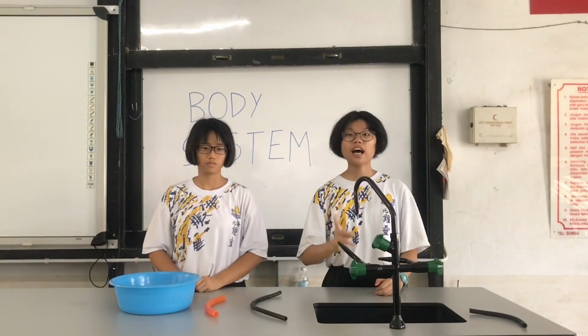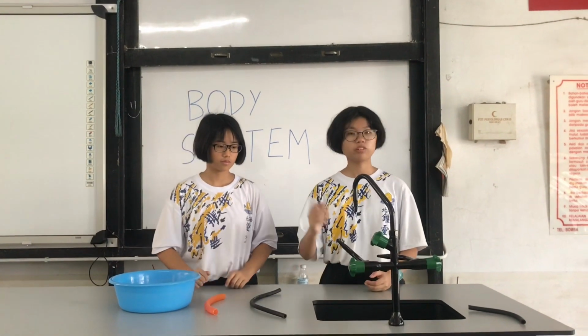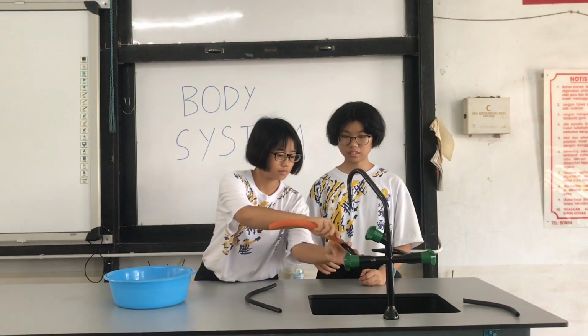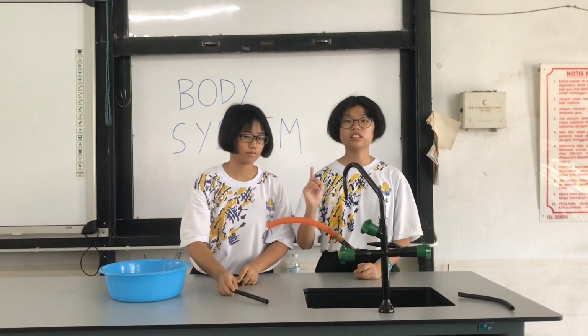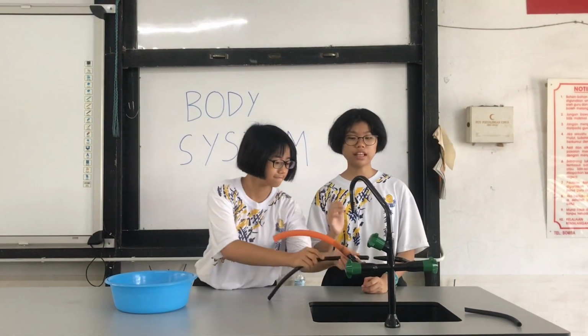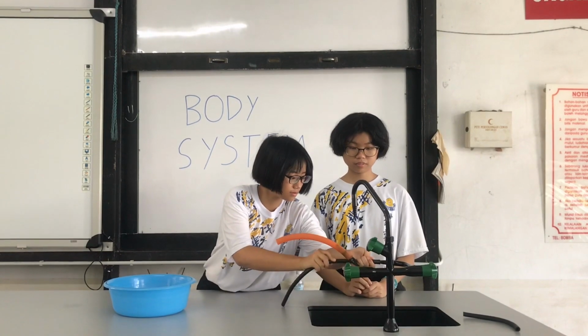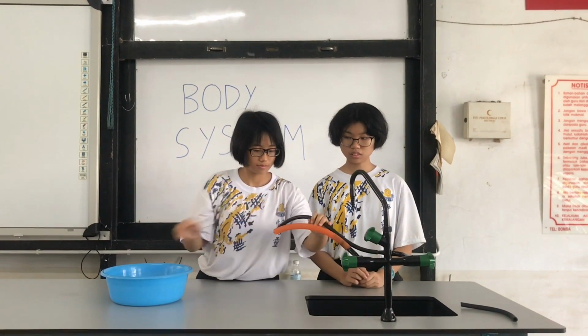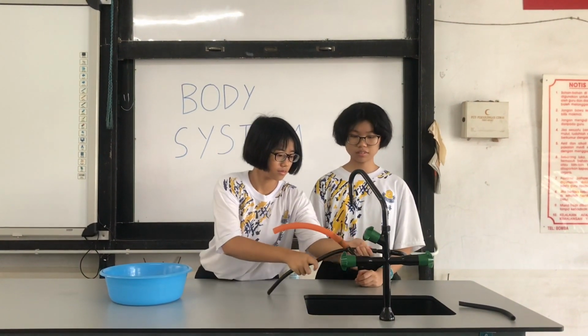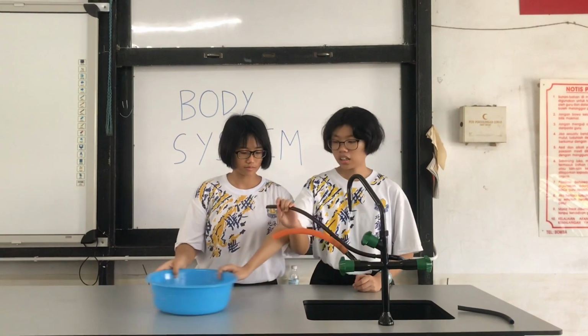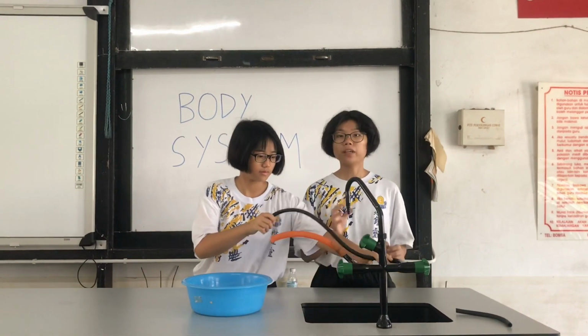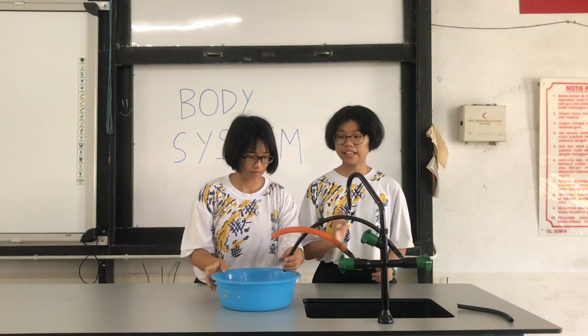Let's start our experiment. First, connect the large rubber tube with a water tap. Then connect the small rubber tube with another water tap. Now open both water taps together.